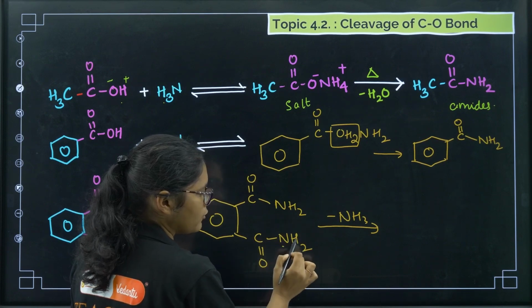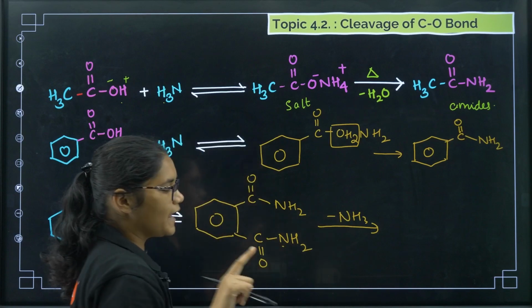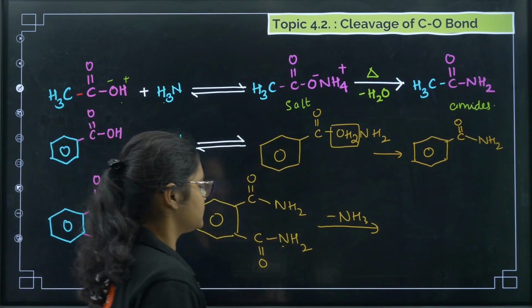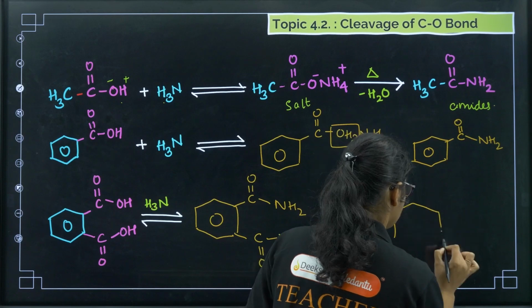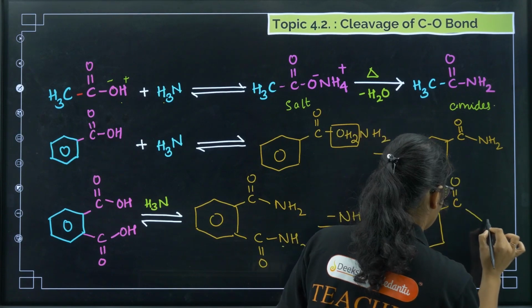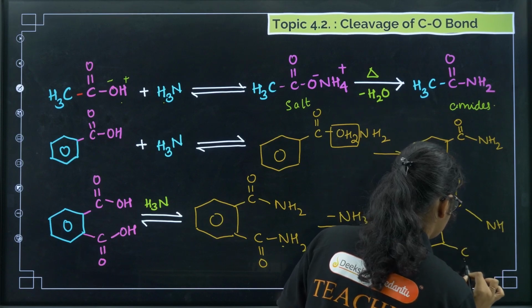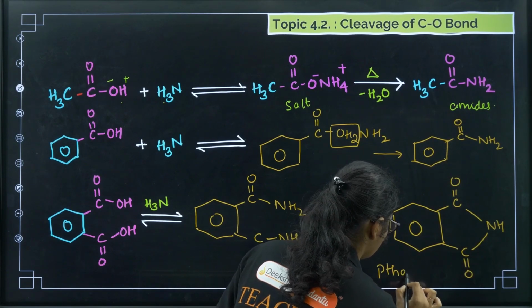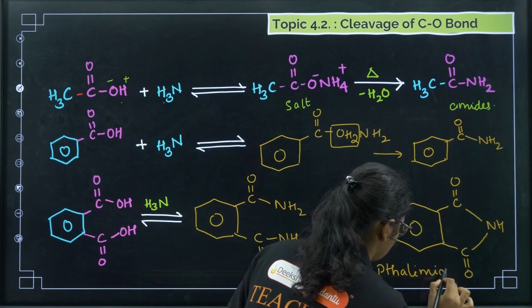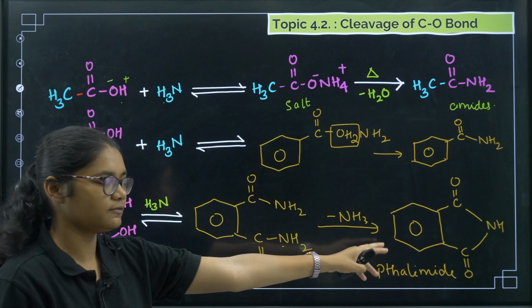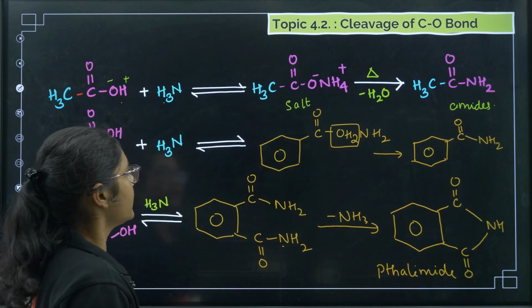We have 2N and 4H and you are removing 1N and 3H. So we are left with a single N and 1 H. So this will give you a very important compound, that is C double bond O NH and C double bond O NH. This is called phthalimide. Okay, phthalimide is formed here. This is an important one. Please remember this.